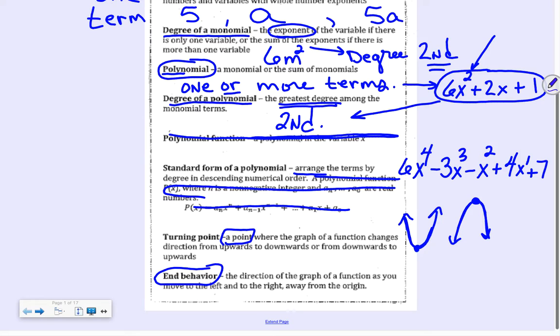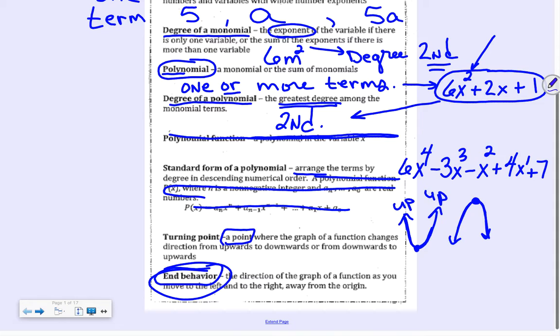Which way? Up or down. Now all you have to say is up or down. That's an up, right? So on the left it goes up, but on the right side it goes what? What's it doing on the right? Well, it's going up. Okay, so this function has an end behavior of up, up. That's all you have to say on your assignment.